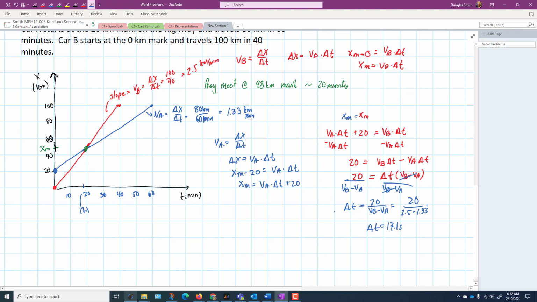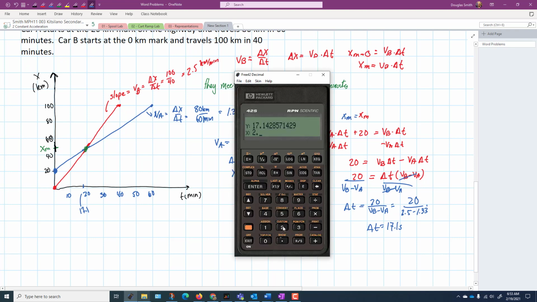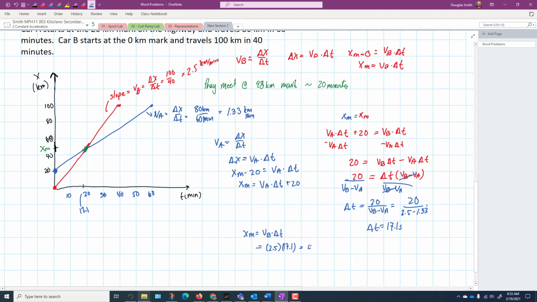And we can also calculate xm. Xm is VB times delta t. So VB was 2.5 times 17.1. That's 42.9 kilometers. Coolio, that's 42.9.